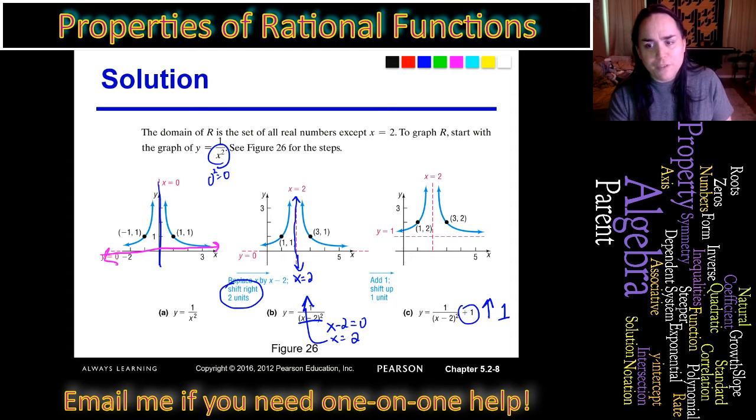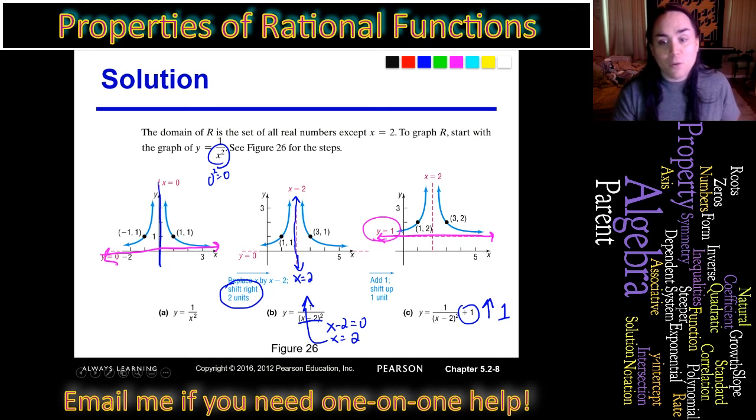When you shift this graph up by 1 unit, the horizontal asymptote shifts with it. And that's the line y equals 1 for the horizontal asymptote. And that's all that's happening there. 2 shifts, 1 to the right and 1 up. When you shift a graph in a particular direction, the asymptote travels with it.